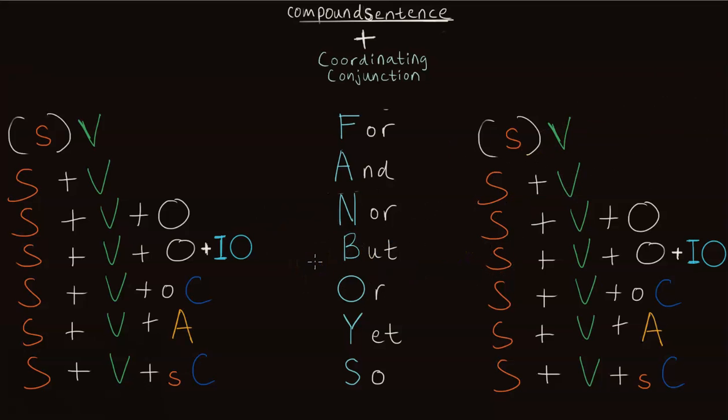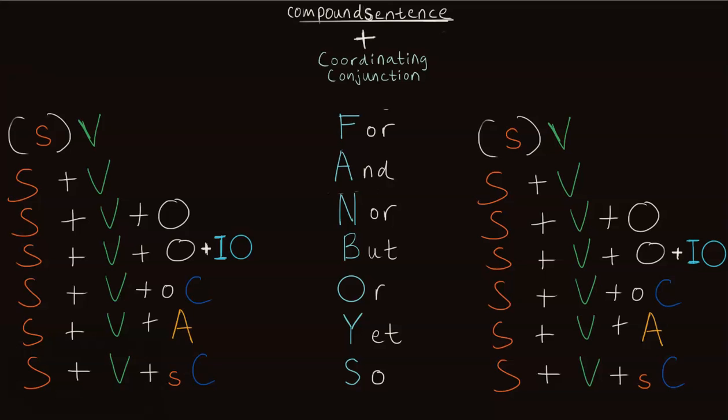So to understand compound sentences, you must understand what your coordinating conjunction means. Because not only do the two independent clauses have equal value, but the coordinating conjunction tells us the relationship between both independent clauses in the compound sentence.